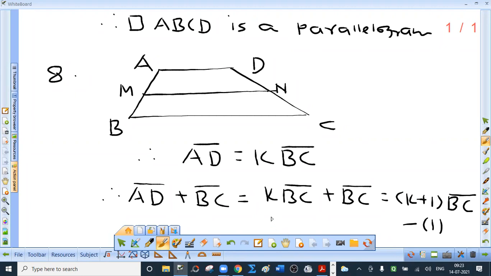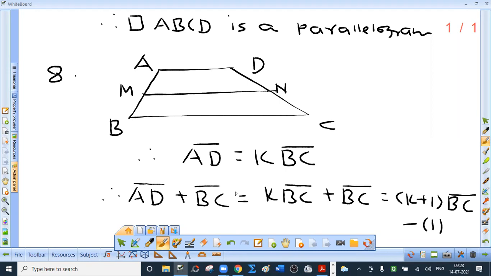Let m bar and n bar, small m, small n. When I say bar, you have to use small letter. Let m bar and n bar be the position vectors of the midpoints M and N of non-parallel sides, because you should know the meaning of median of trapezium.